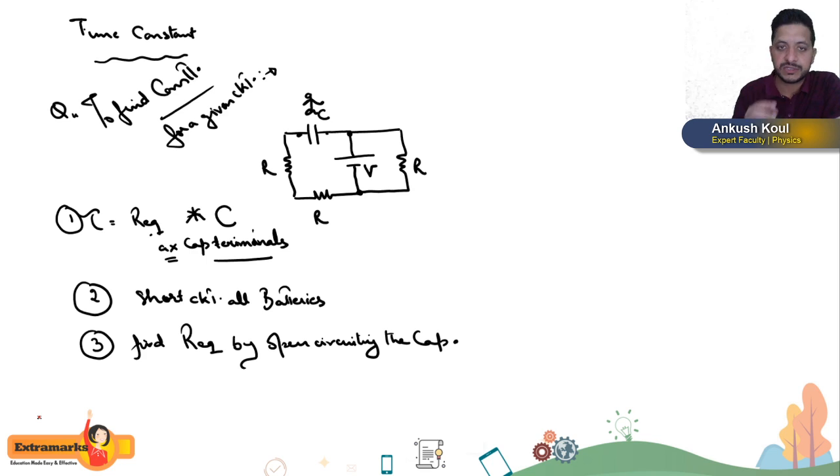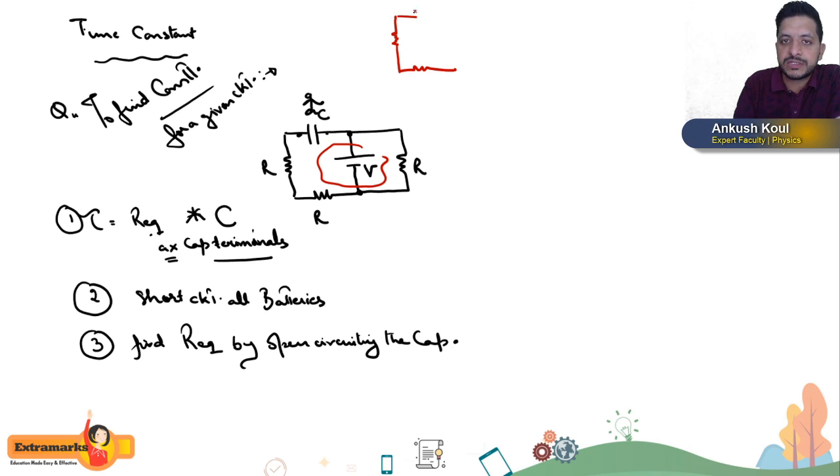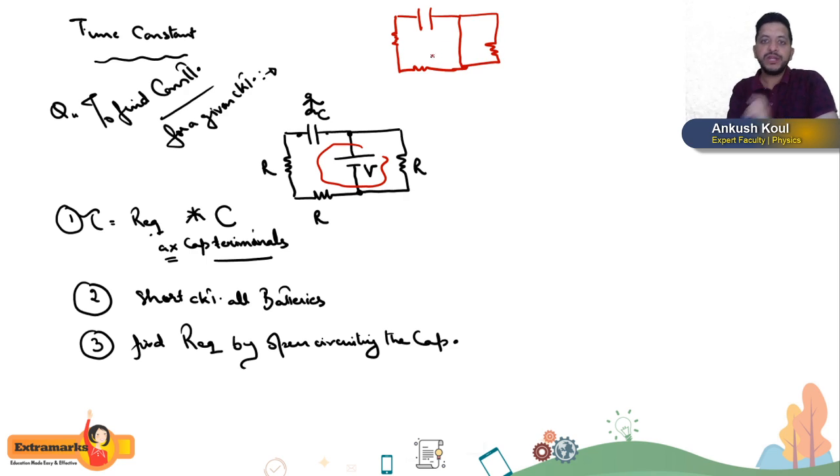Let us follow this process step by step. So the first step is short circuit the battery. If I short circuit this battery, the circuit will look like this. This is one R, this is another R, this is your C, and this battery has been short circuited, and then there is this resistor. Now we know one thing.